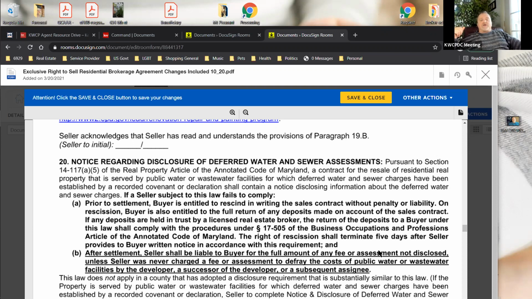So what they do is they set up a legal means by which the cost of that will be spread over the next 20 or 30 years. And the subsequent owners of these properties that they sell will pay for the installation of the water and sewer lines.